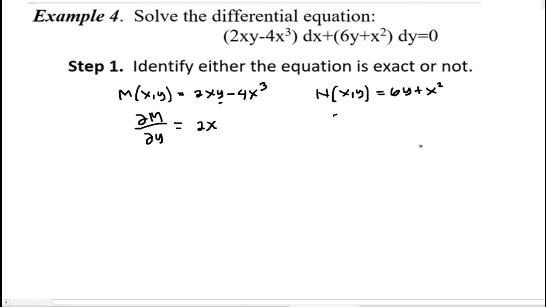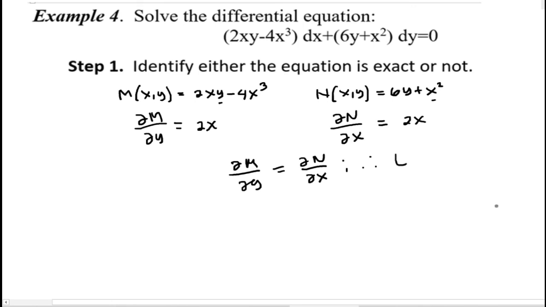For the partial derivative of N with respect to x, the derivative for 6y is 0 and the derivative for x squared, in which x is assumed as the variable, is 2x. As shown, the two partial derivatives are equal, so therefore, this is an exact equation.